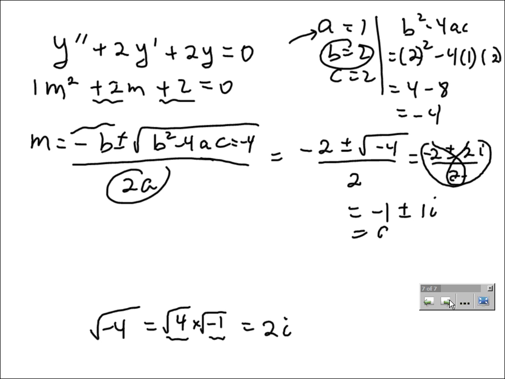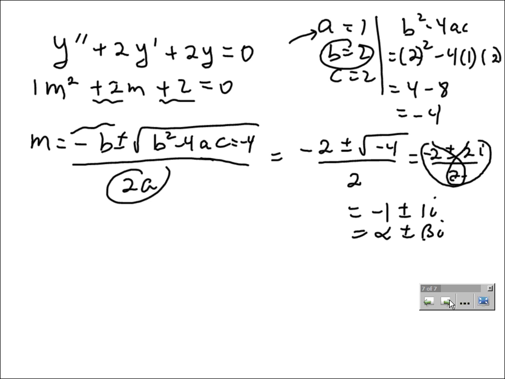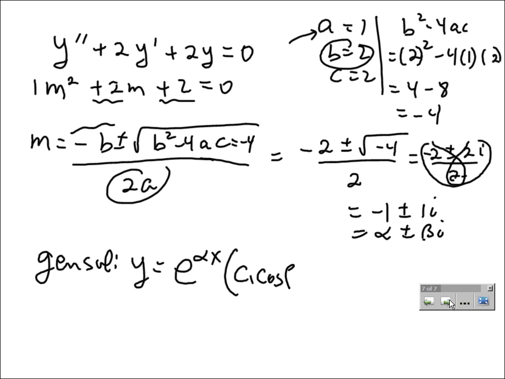That is, a is negative 1 and b is positive 1. That is, we're getting two complex conjugate roots. Now we know what the general solution is because we memorized it. The general solution is y is equal to e to the ax times c1 cosine bx plus c2 sine bx.